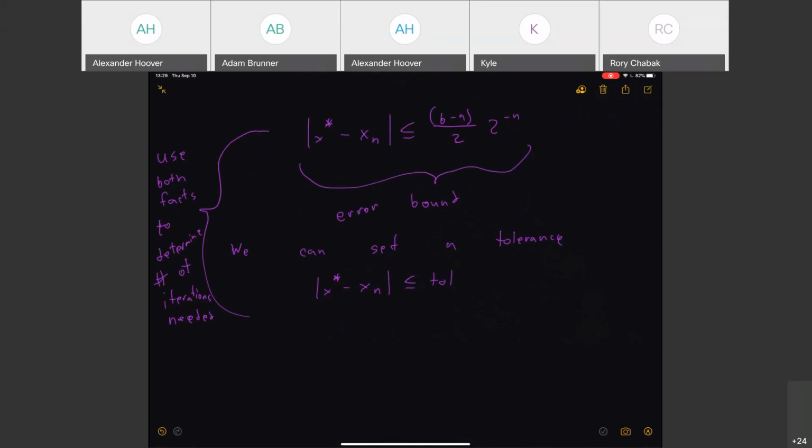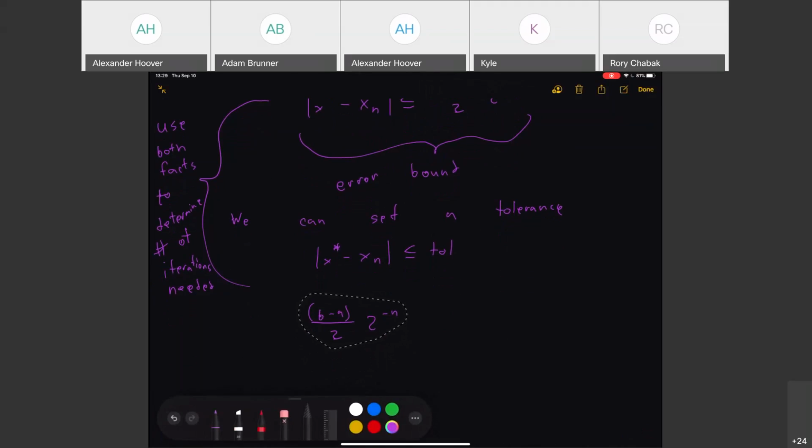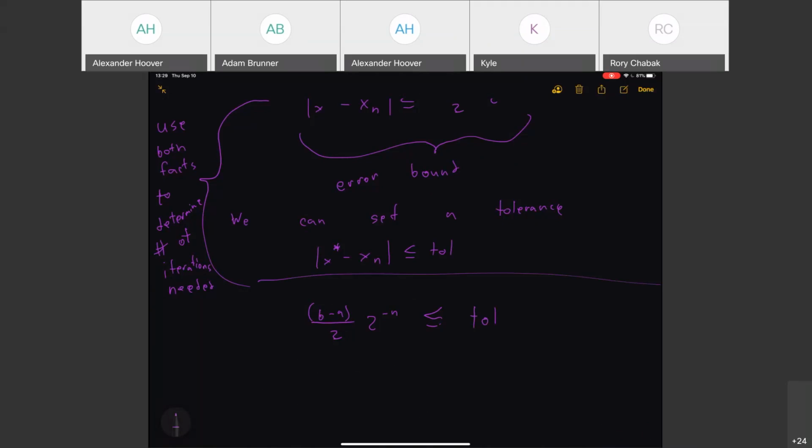So let's go ahead and do that. If I were to take this value up here first, and let's say that I wanted it to be less than our tolerance, then I could divide by the tolerance on both sides.